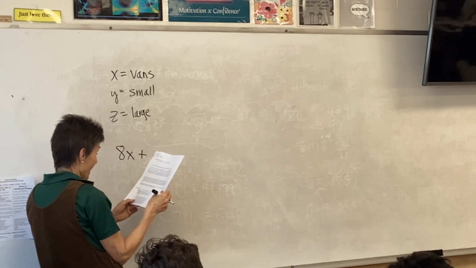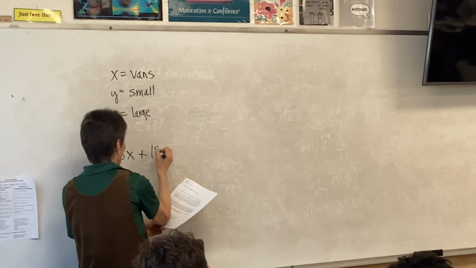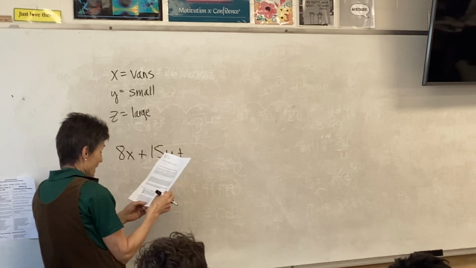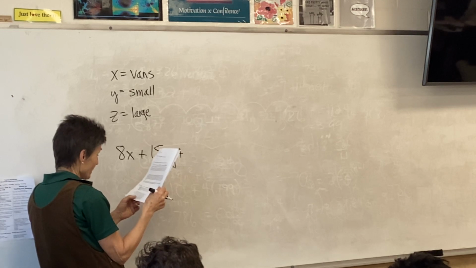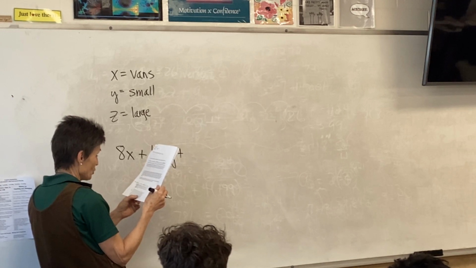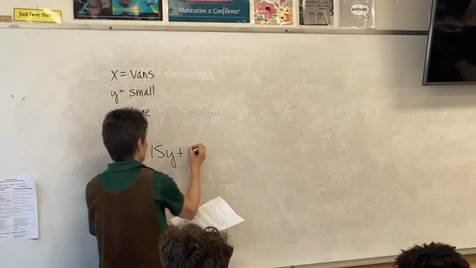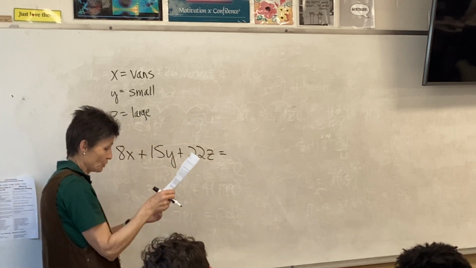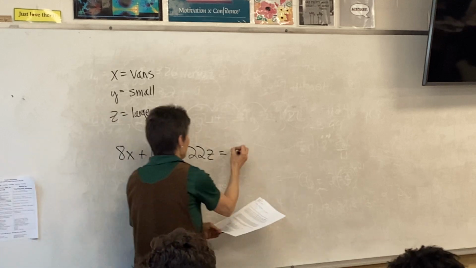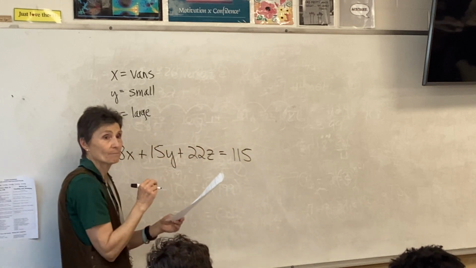Every Y can carry 15 portables. And every Z can carry, boy, there's so many numbers in here, maybe I should have charted this, 22. And that has to add up to 115. Would you agree with me, guys?